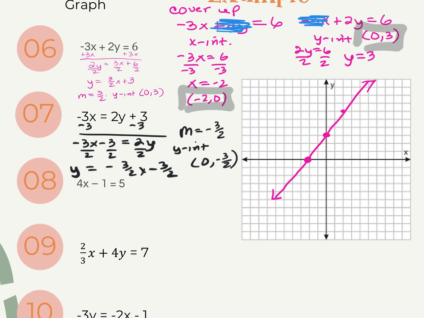So for my graph, I can go ahead and put my first point at the negative 1.5. So right here. And then I'm going to rise 3 and run 2. So since it's negative, I could go down 3 and then run over here. Now I can also go up and left.